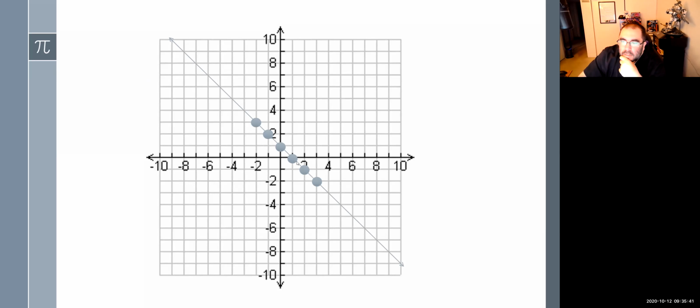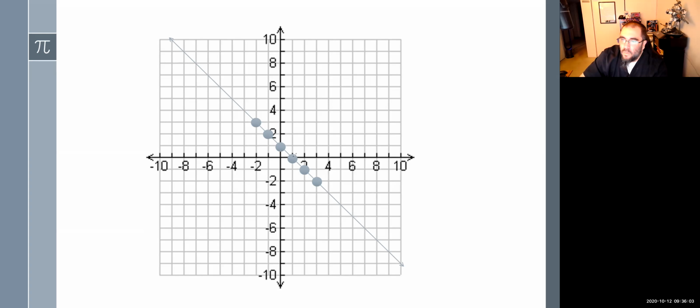So when you look at this, every time x goes up by 1 point, y goes down by 1 point, right? So here we have x is 0. At the point that x is 0, y is 1.